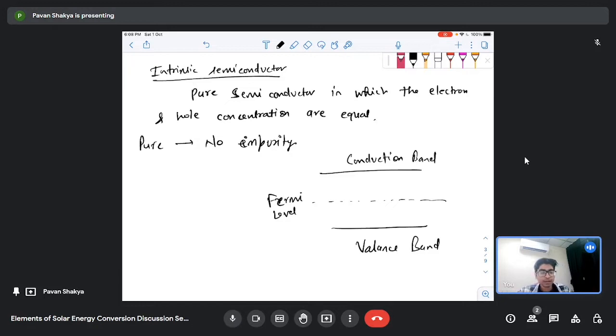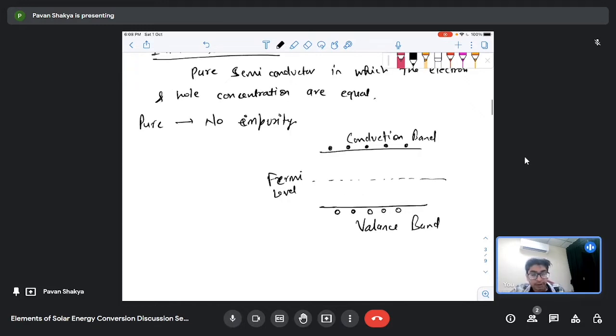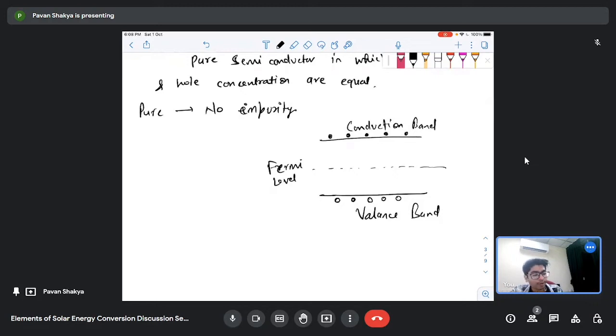In the intrinsic semiconductor the number of holes and number of electrons will be equal. Suppose there are some holes in the valence band, then an equal number of electrons will be available in the conduction band, and these electrons will contribute to the current flow.